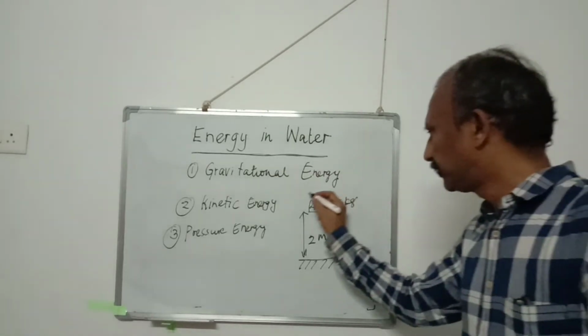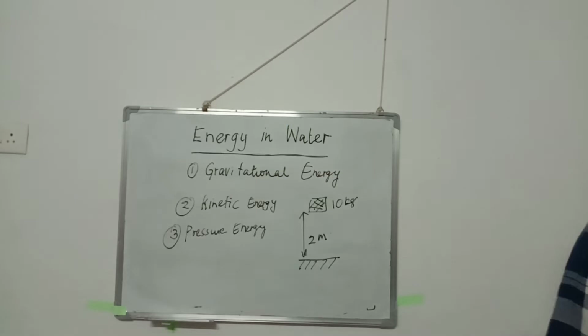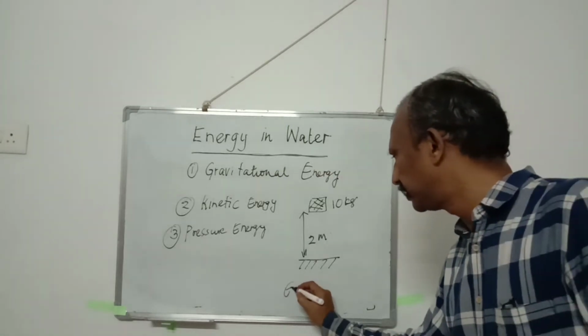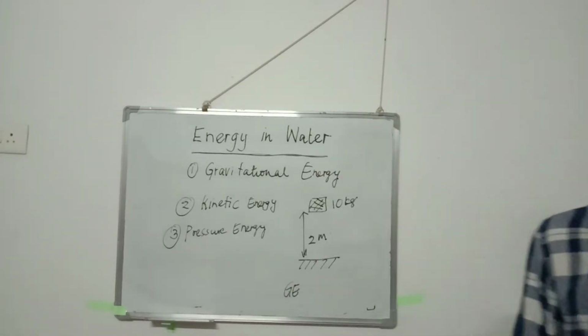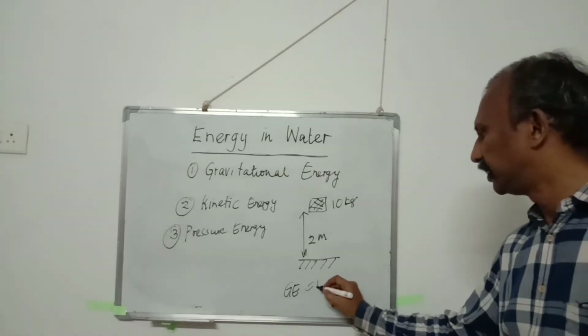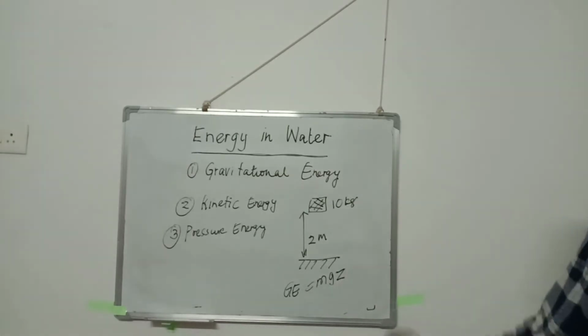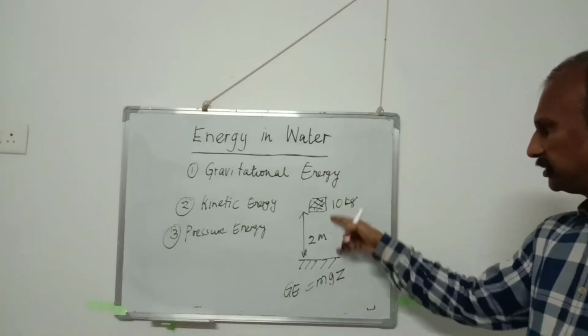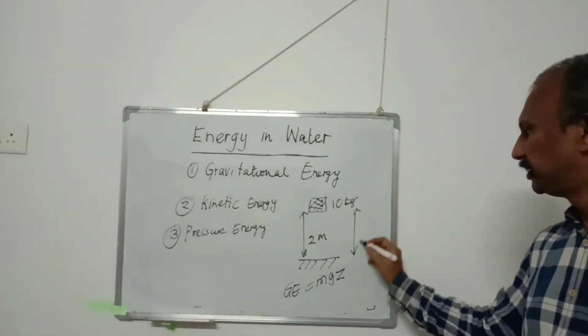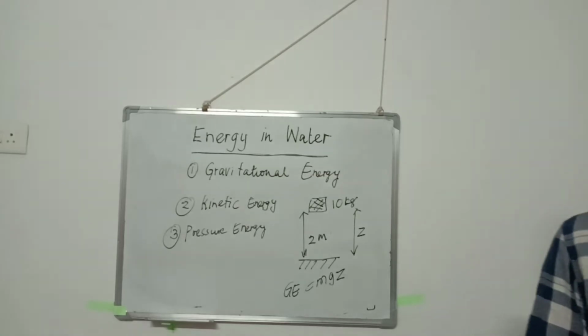How much gravitational energy was possessed by the body? The gravitational energy possessed by the body is mgz. So mg is the force, z is the distance.